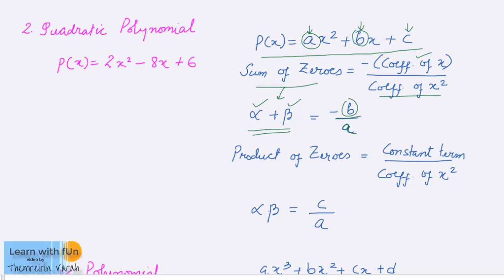The product of the zeros, alpha into beta, will be equal to the constant term c upon the coefficient of x square, which is a.